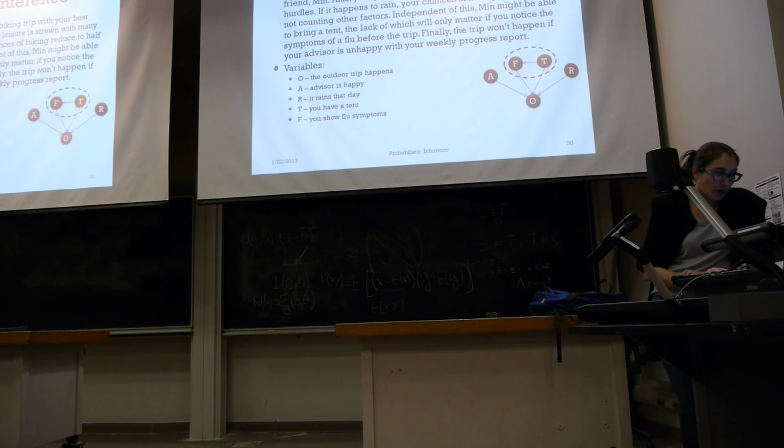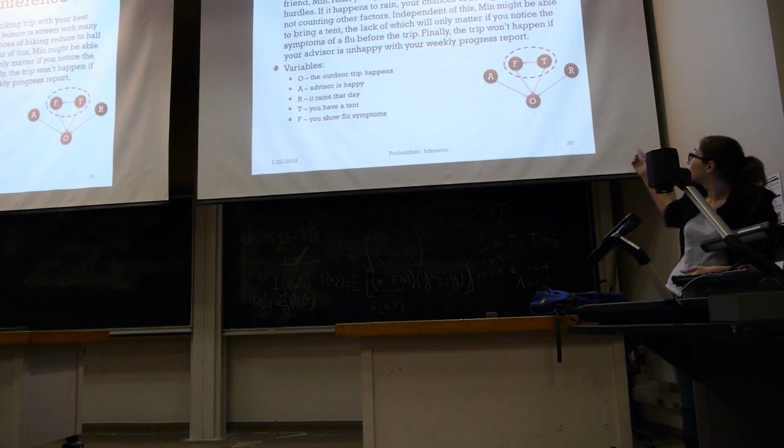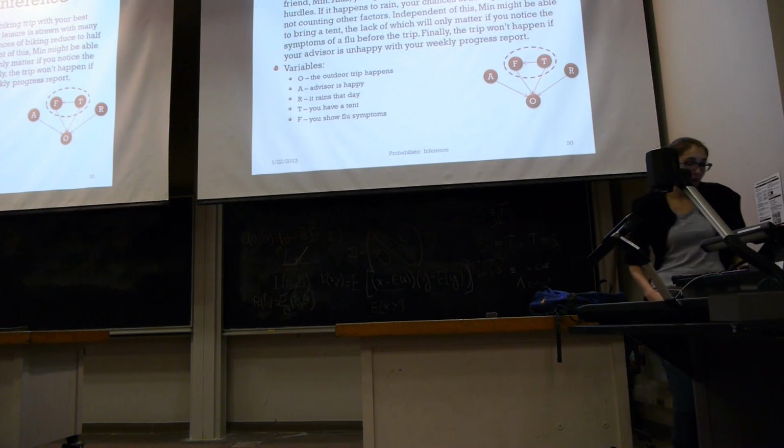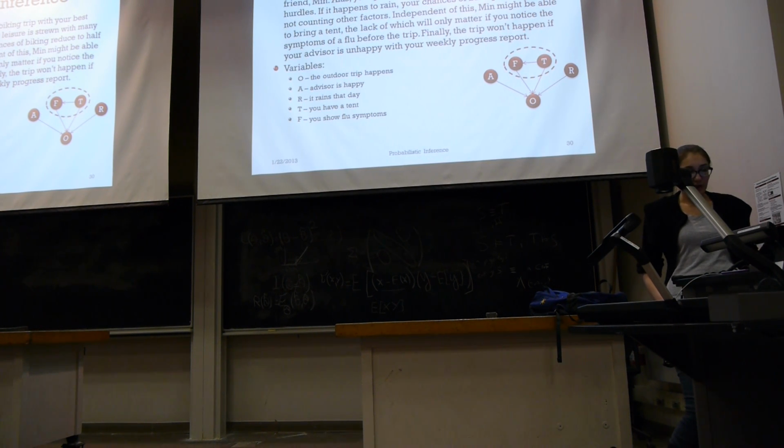The way you're going to model that through a Bayes network is like that. Your advisor, rain, and the joint of the tent and the flu symptoms influence your life, basically. And they're going to influence your life in a way that is independent of each other.